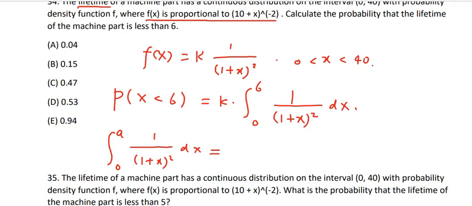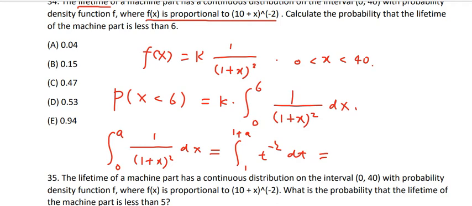For this one, we use substitution. We let 1 plus x equal t. So t to the negative 2 dt, and t from 1 to 1 plus a. t to the negative 2 is 1 over t squared. Integrating t to the negative 2 gives negative t to the negative 1.